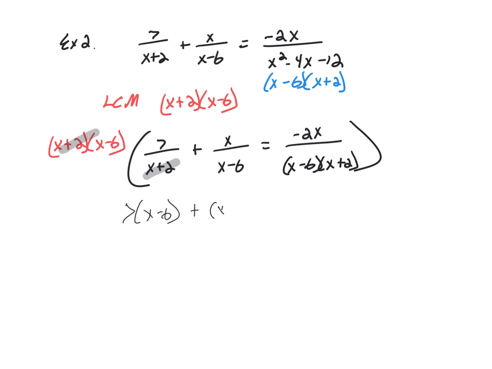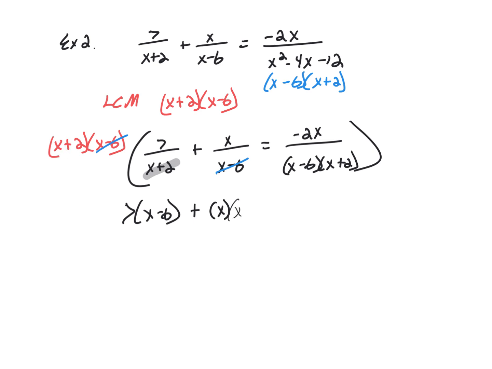Then I'll bring down my plus sign. Then we're going to multiply the x, which is the numerator here, times, well, we don't have to multiply it by x minus 6. You can see the x minus 6 here and the x minus 6. They will cancel each other out, so I'll show that. So that cancels and that cancels. That just means we're going to have to multiply the x only times x plus 2.